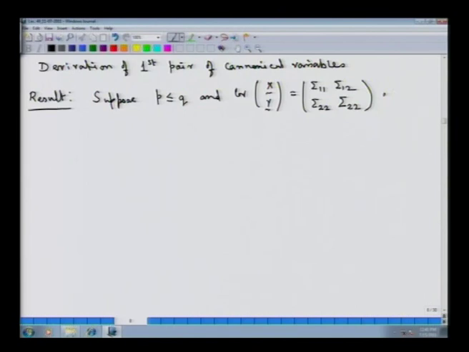Consider the linear combinations u equal to A prime x and v equal to B prime y.